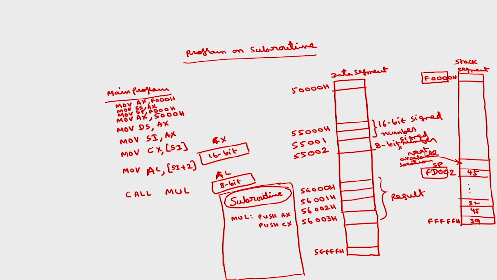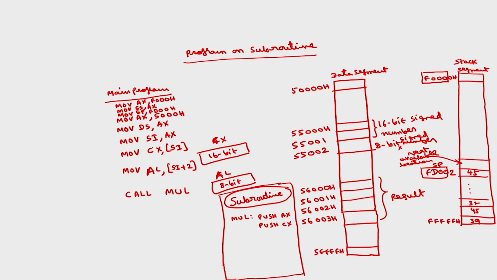Then what is to be done here? Simply multiplication. The contents of CX have to be multiplied with the contents of AL. But the problem is AL has only 8 bits. We can perform only 16 bit by 16 bit multiplication or 8 bit by 8 bit multiplication, but these two sizes are not the same.